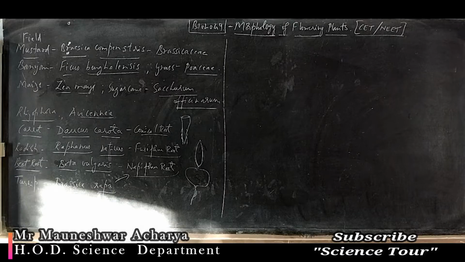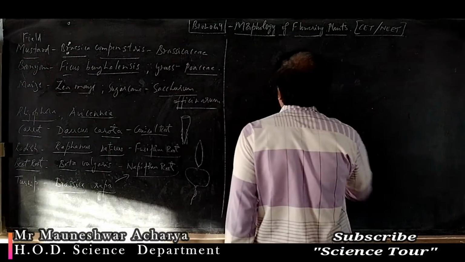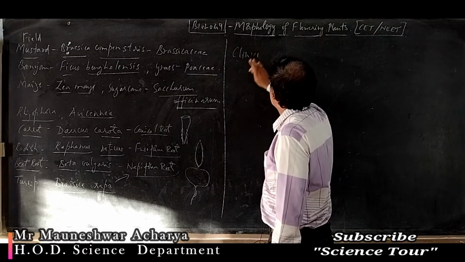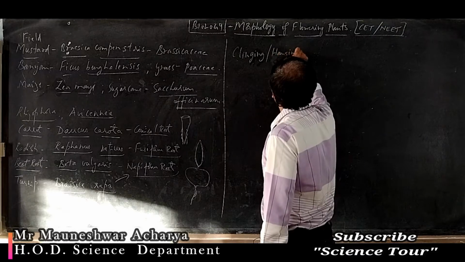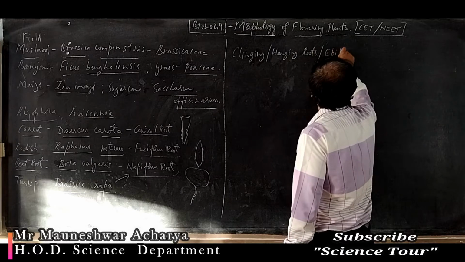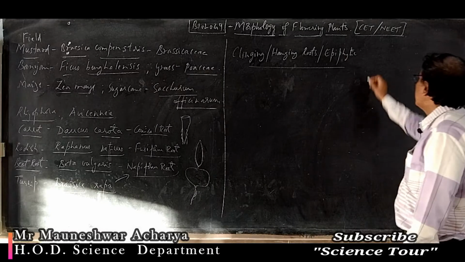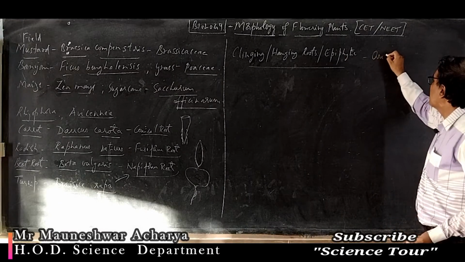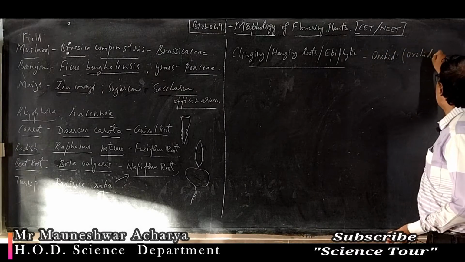Clinging roots or hanging roots or epiphytic roots. Epi means above, phytic means plants. So there are certain plants which grow on other trees, like orchids. Orchids belong to the family Orchidaceae.